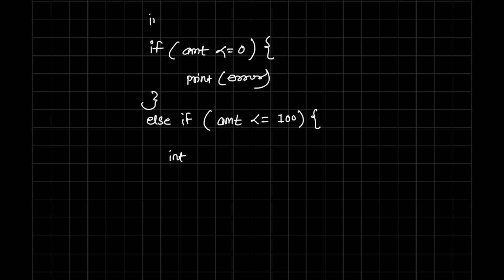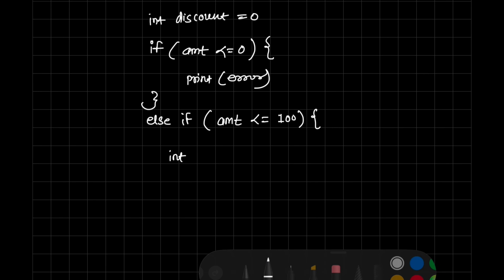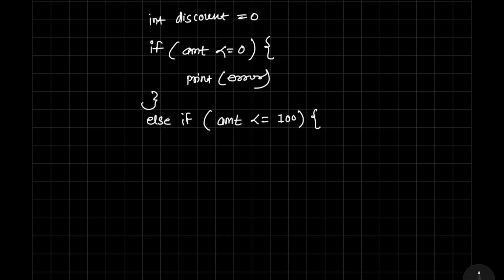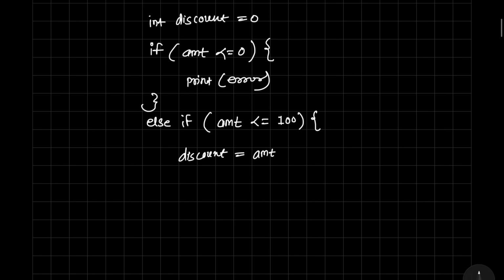That means here first of all we want to declare the integer discount equal to 0. This is the variable, and then remove this int, and the actual discount is calculated here. The discount is equal to amount into 0.05.